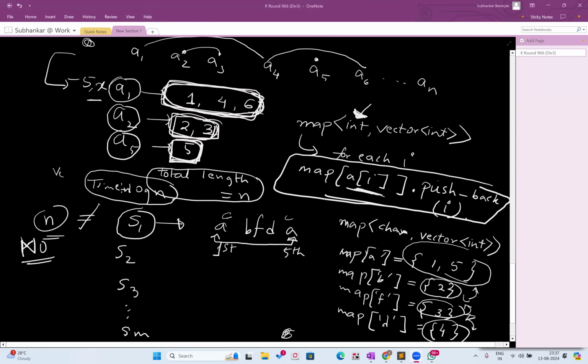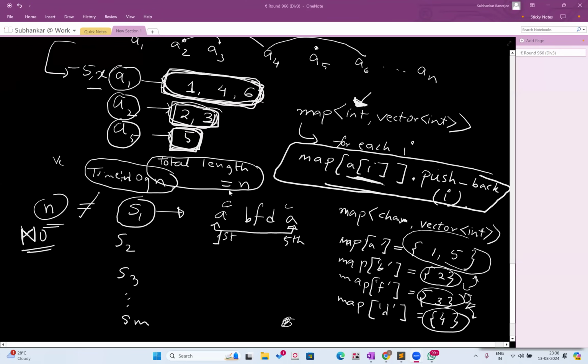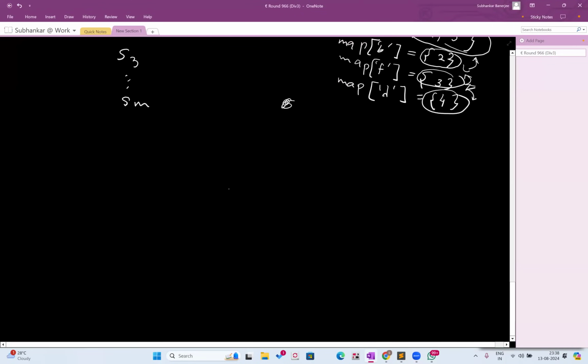So initially, all the vectors of the initial array were pushed back into a vector of vectors. And now for each string, we'll also create a vector of vector for each string, and it will store these vectors.